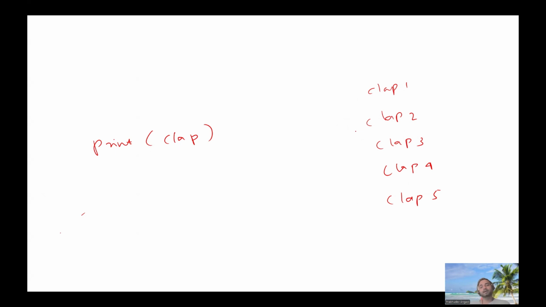5 times. So in Java, if you have to print this clap 5 times, are you going to print it 5 times like this? No, this is hectic. 5 times is okay. If I ask you to print it 1,000 times, then this is difficult, right?